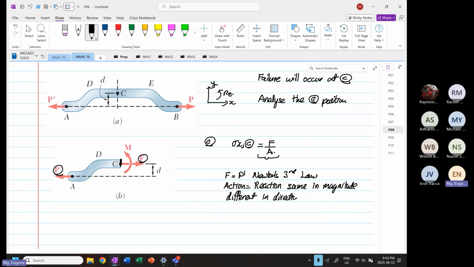And this is going to induce the axial load.